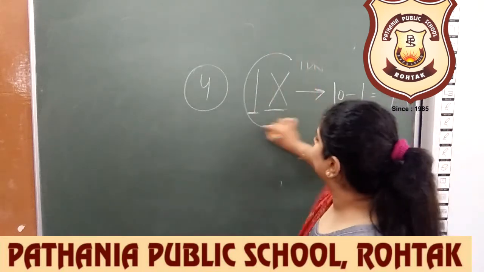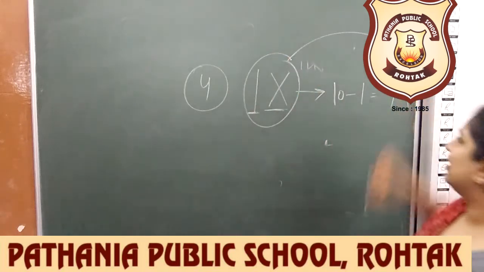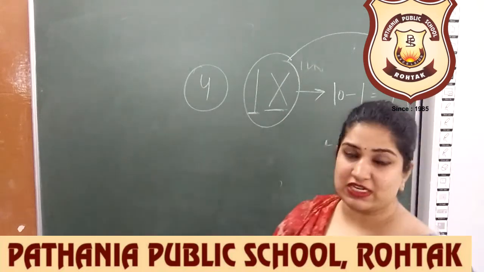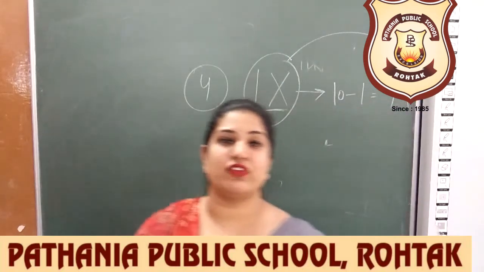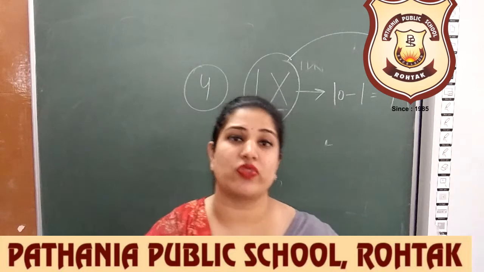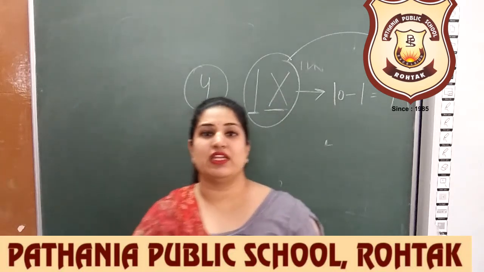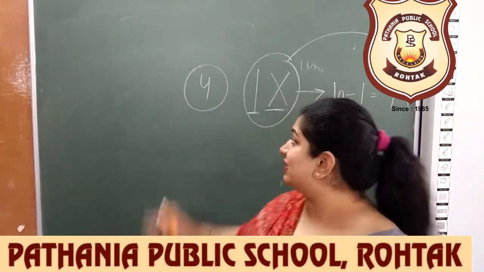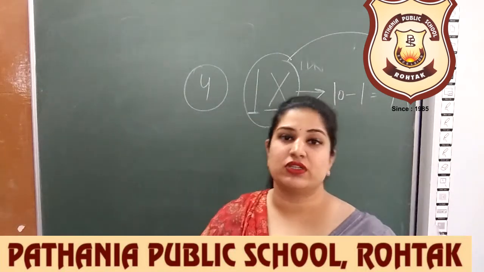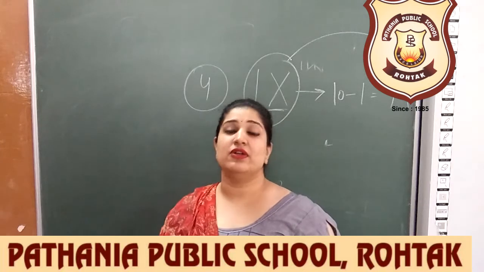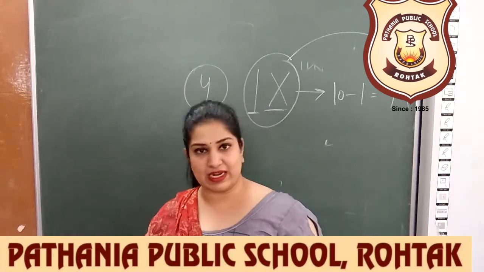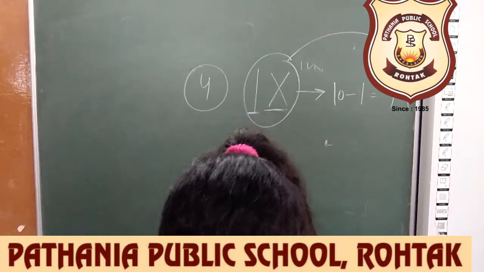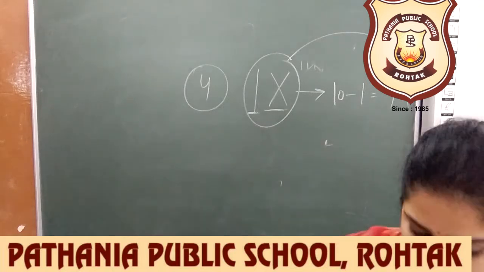That's why this means 9. I am repeating the third and fourth rule. If the smaller symbol is on the right hand side, you have to add both. And if the smaller symbol is placed on the left, you have to subtract the smaller from the greater.